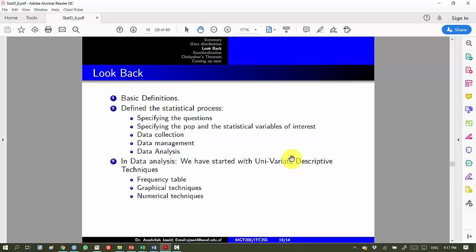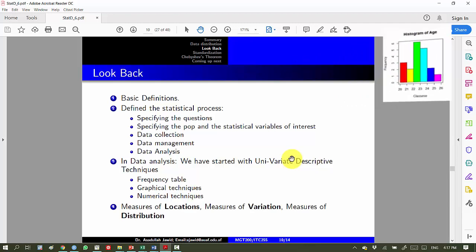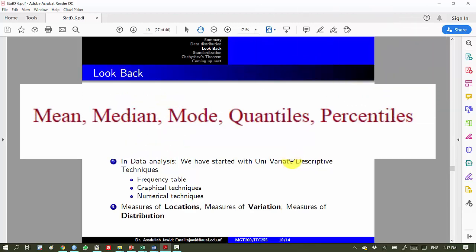In the analysis step, we have started with univariate descriptive techniques. Namely, we have seen how to construct frequency tables. We have studied graphical techniques, and we also introduced numerical techniques. In numerical techniques, specifically, we considered measures of location, such as mean, median, mode, quantiles, and percentiles.